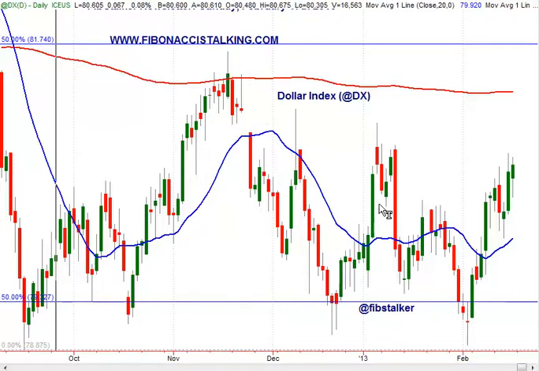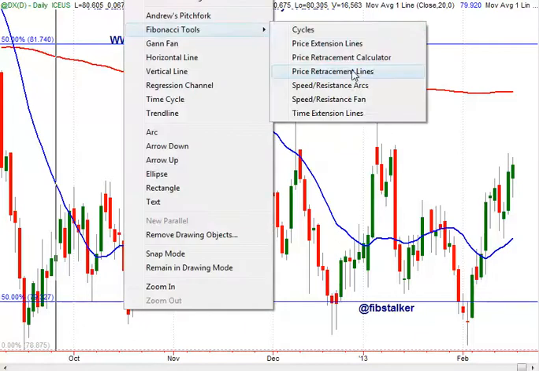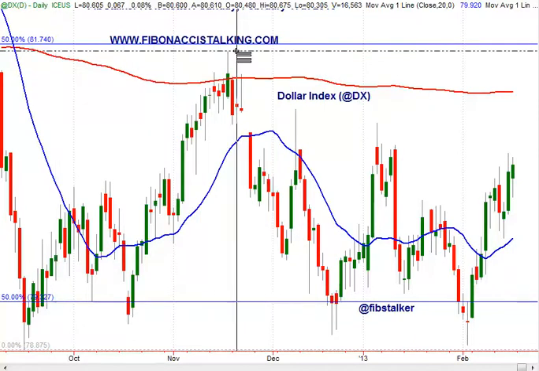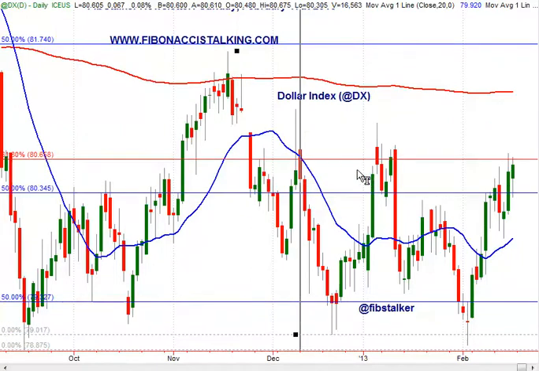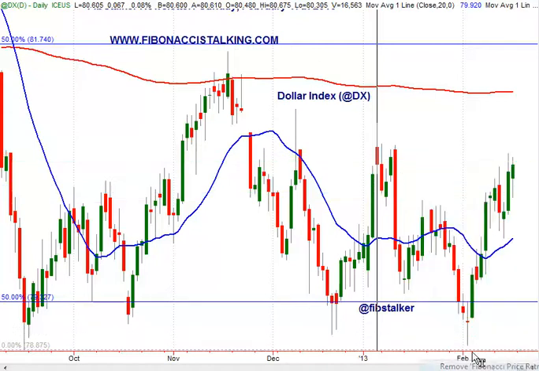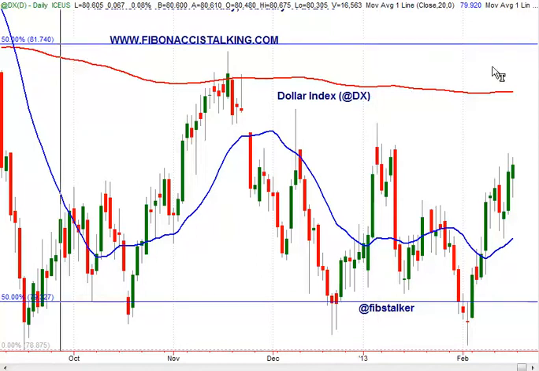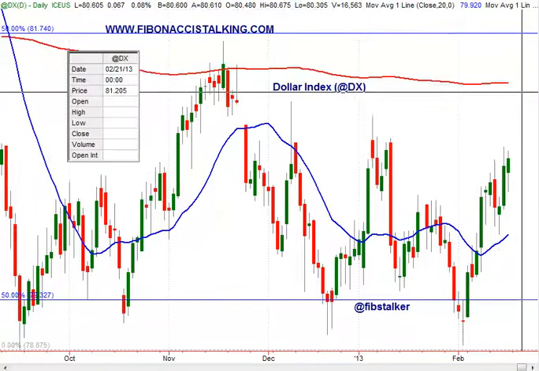So at the moment, what is important is that we have a W for victory pattern here, because we had this 80.65 being violated at the beginning of the year, and we know that when the support is retested successfully, then there is the possibility for this market to go all the way up into the 81.70 area, which is the resistance area here.